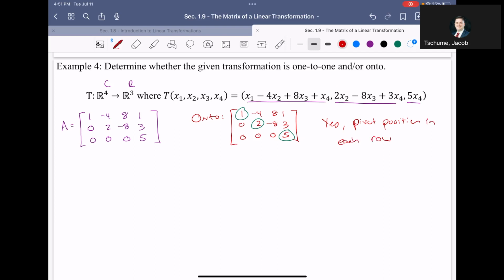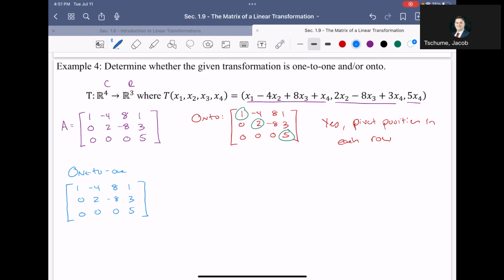Very good. All right. Coming down to the 1-to-1 part. So in this case, I'm going to do this one a little bit differently. And I'm going to talk about the way you could do it, but I'm going to do it with one of the shortcuts because I noticed that one of them works. All right. So obviously, if you don't recognize the shortcut when you're doing these problems, that's okay.